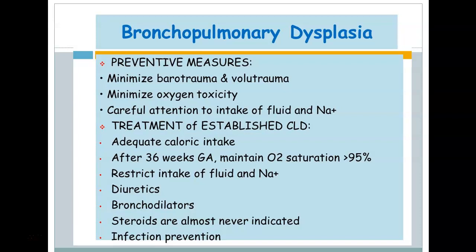We're going to pay careful attention to the intake of fluid and sodium. And again, the treatment is adequate caloric intake. After 36 weeks of gestation, we want to maintain their O2 sat at 95% or greater. We want to restrict the intake of fluid and sodium. We want to use diuretics and bronchodilators, steroids are almost never indicated in this case, and we use infection prevention.